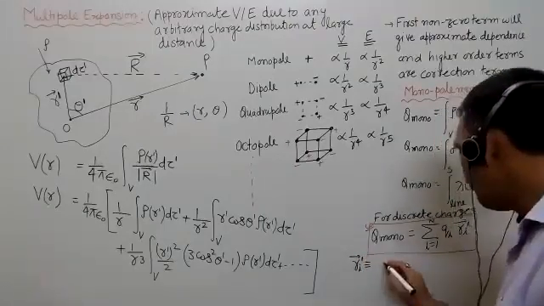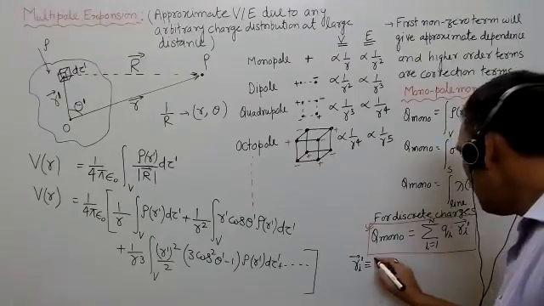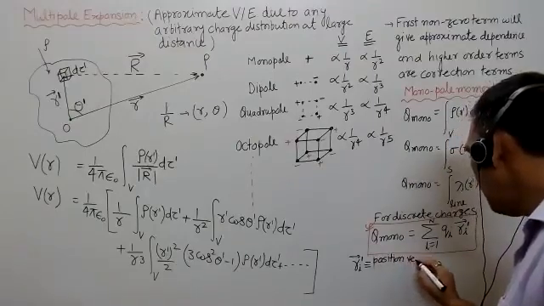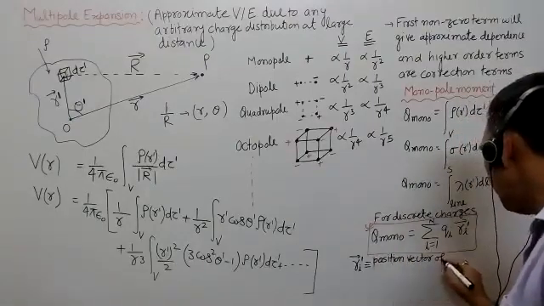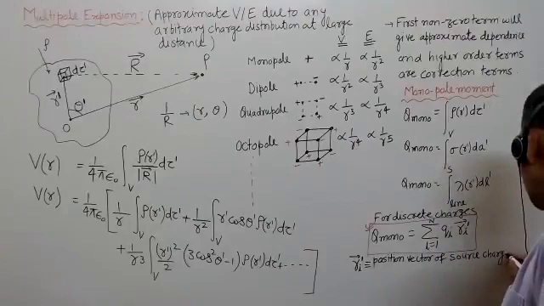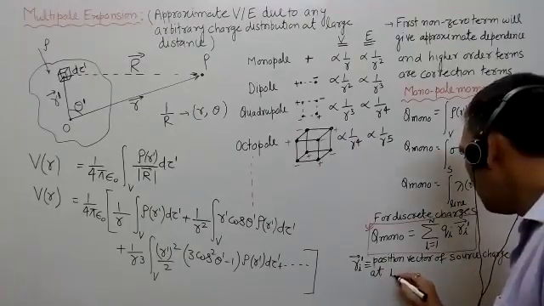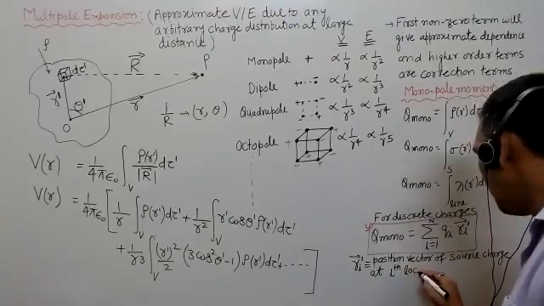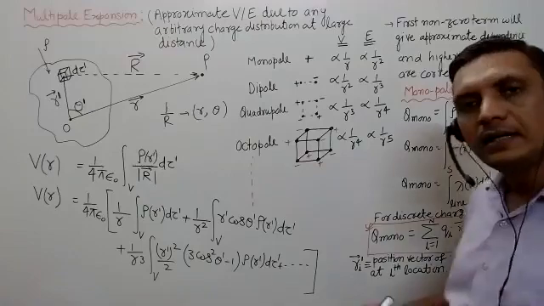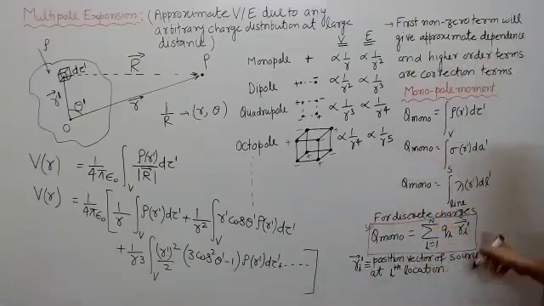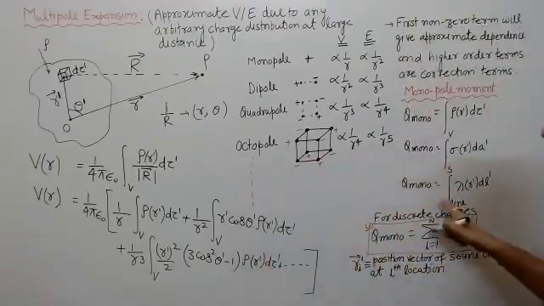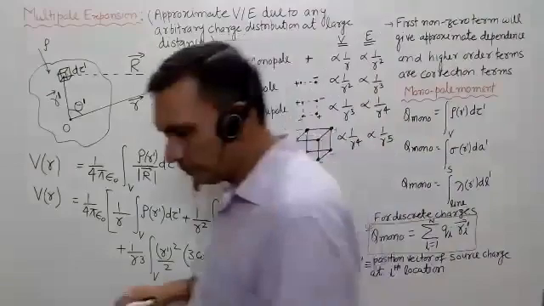Ri dash is the position vector of source charge at ith location. So if you know charge and their position vector, you will get monopole moment for discrete charges also.